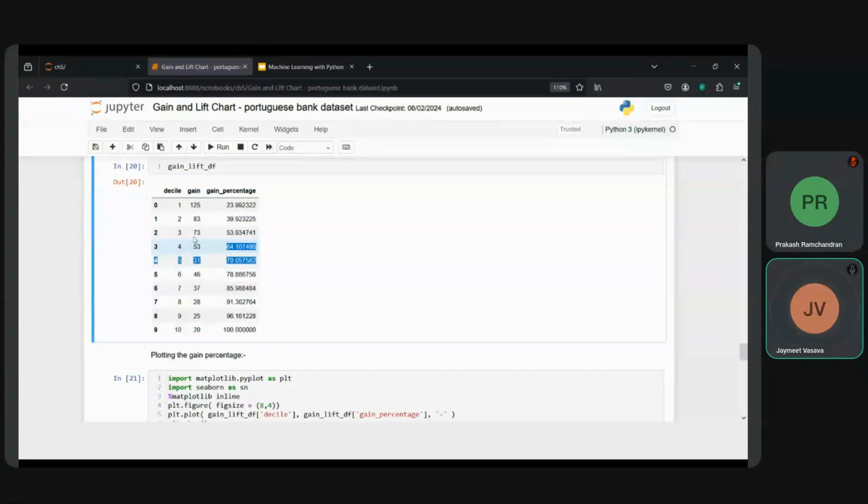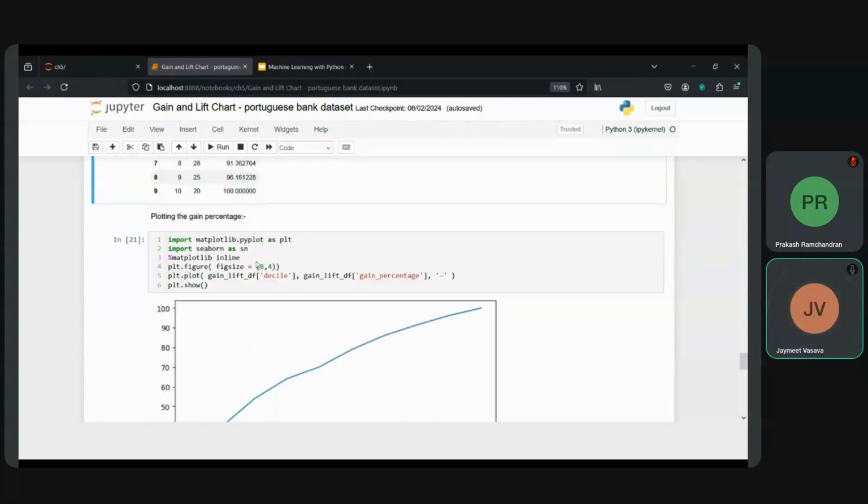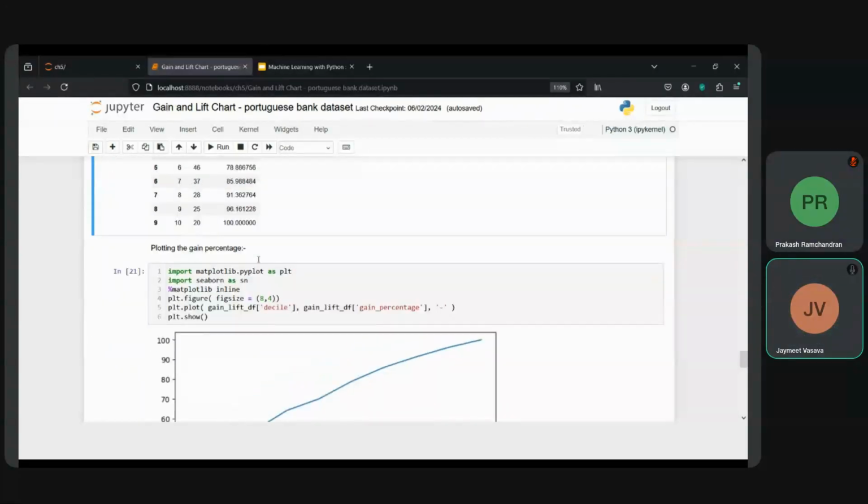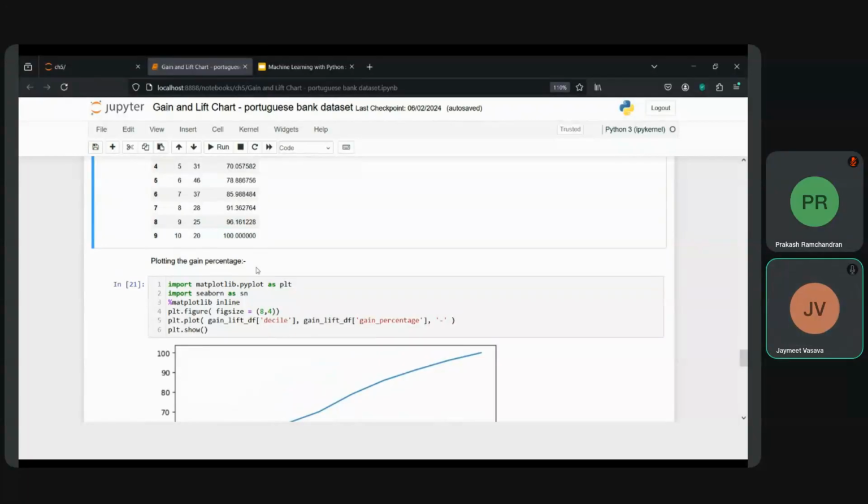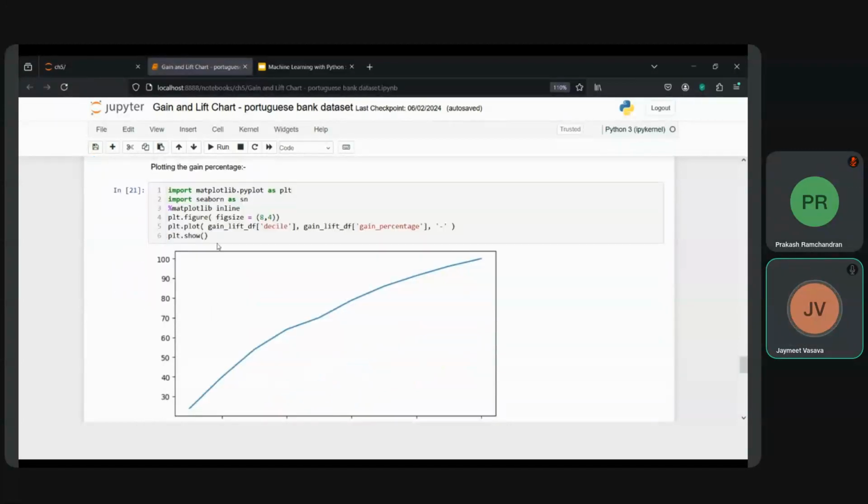This is the gain percentage that we get. As mentioned before in the slides, we cover almost 70% of the data in the first 5 deciles itself. So it helps us to target those customers who are more likely to interact with the campaign.